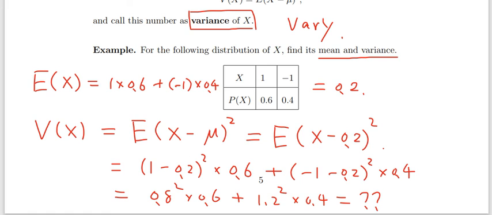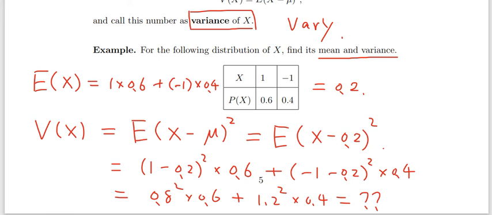Okay. So also from a distribution, from a table, we can define the two important numbers: mean or expectation, and variance. Right.